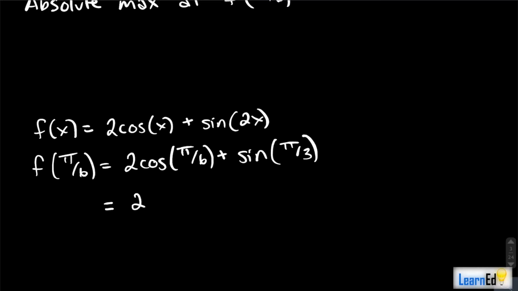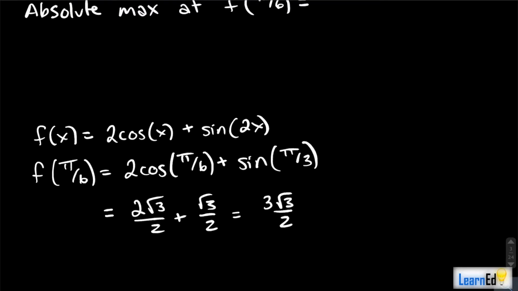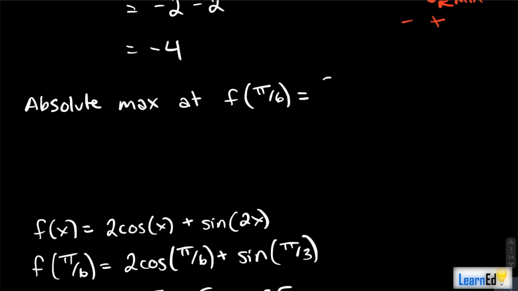So we get 2 times rad 3 over 2 plus rad 3 over 2, and we get 3 rad 3 over 2. Okay, so 3 rad 3 over 2. That is going to be our first extrema. Okay, that's our absolute max.